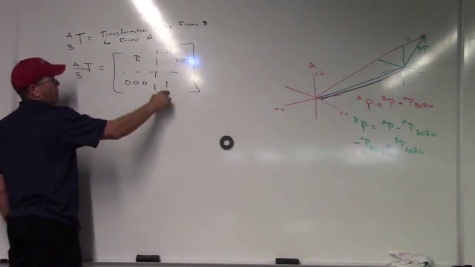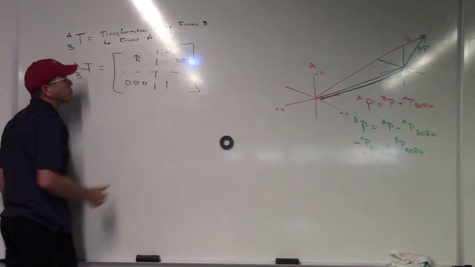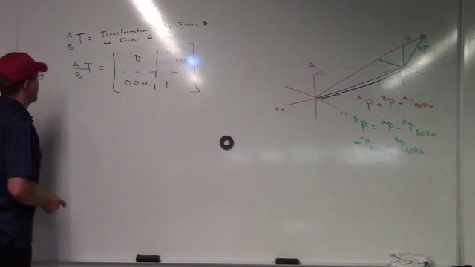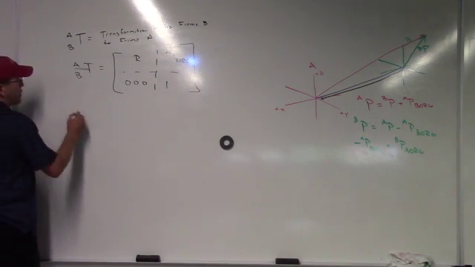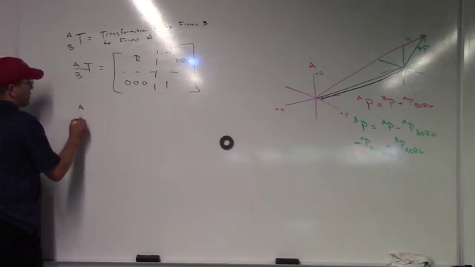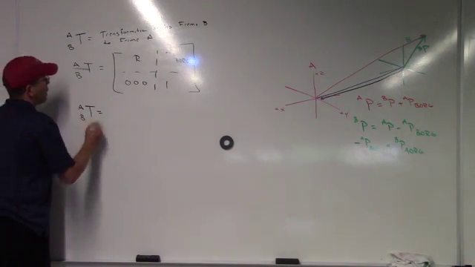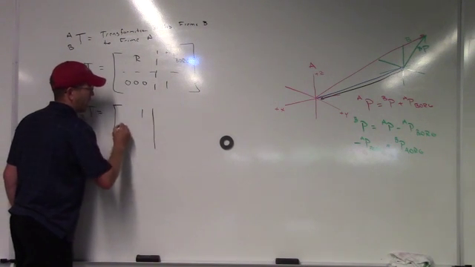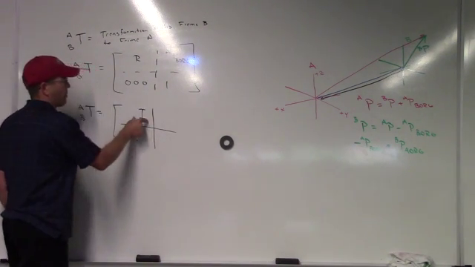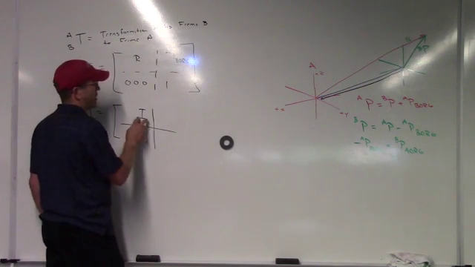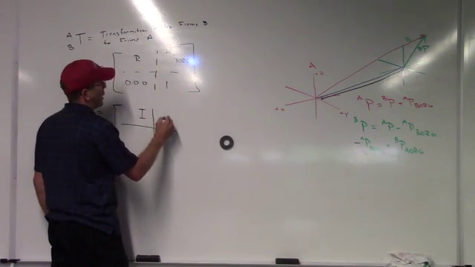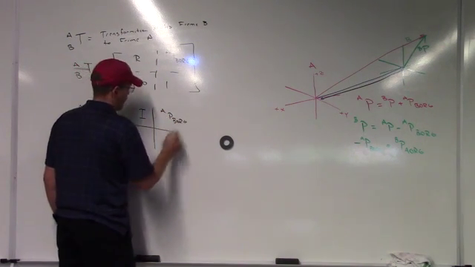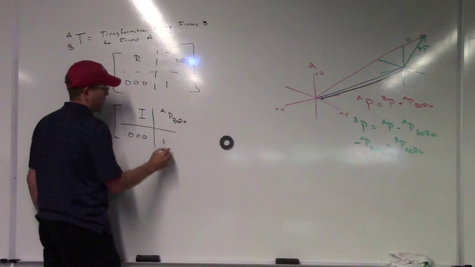This is just our 4-dimensional unit vector. If we're specifically interested in a translation, then this is going to look something like this, where we have an identity in the upper block, followed by our position vector, and the last row is the same.